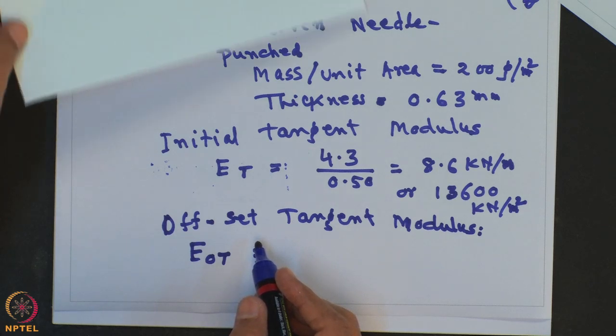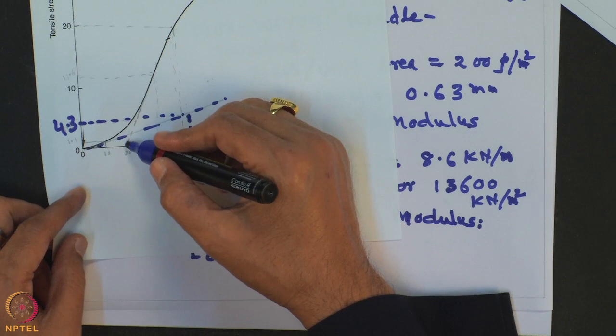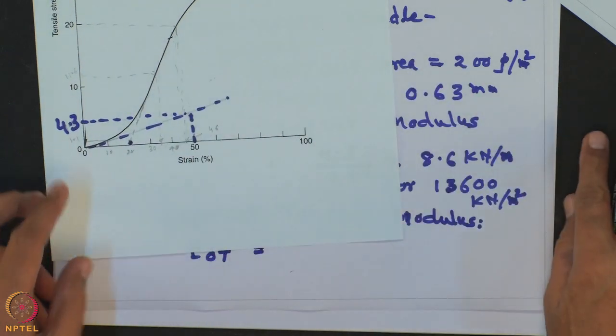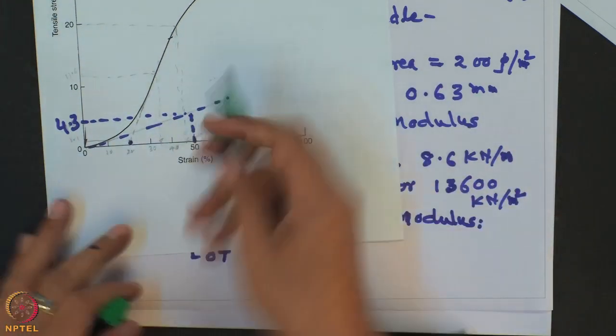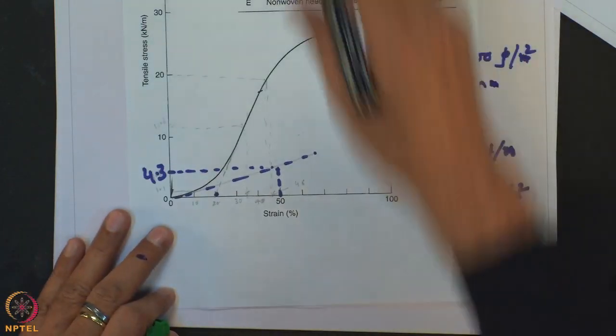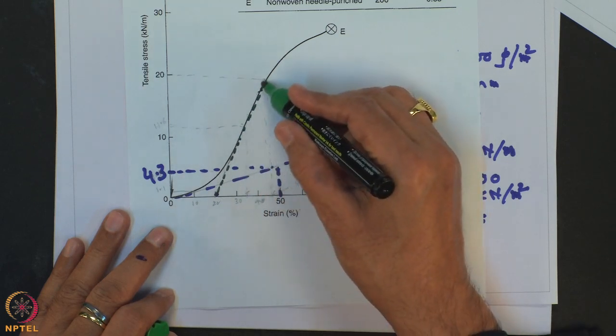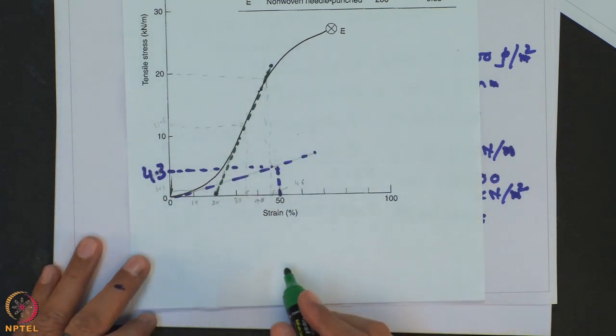So, offset tangent modulus is, if I draw a line.